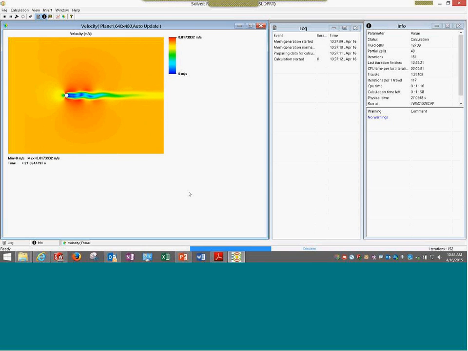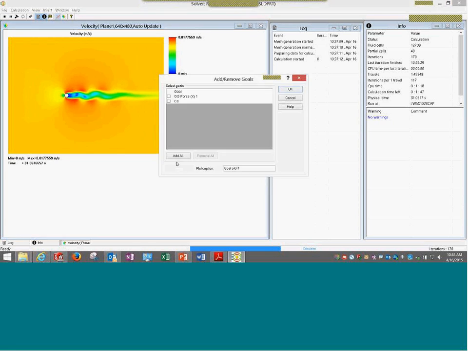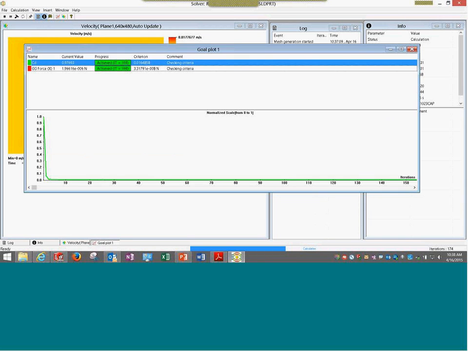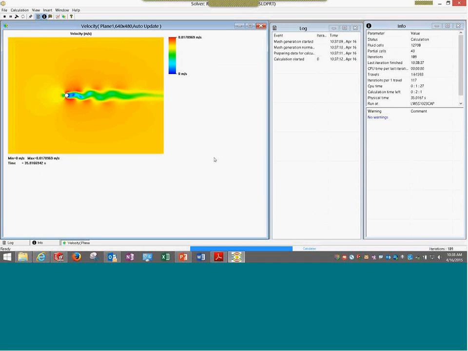So this is the Karman vortex. Obviously it is doing many iterations, and let me check the goal plots as well. Okay, so you can see it's going all the way till here.